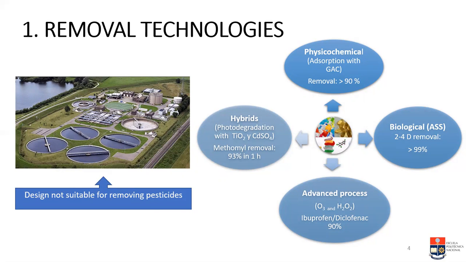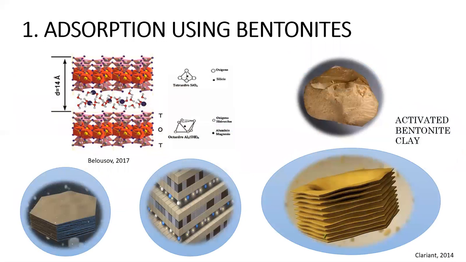In our case, we focused on adsorption since adsorption is highly efficient and offers many different possibilities. Particularly, we can use clay to adsorb some contaminants because clay is one of the most economical materials that can be used for this purpose.